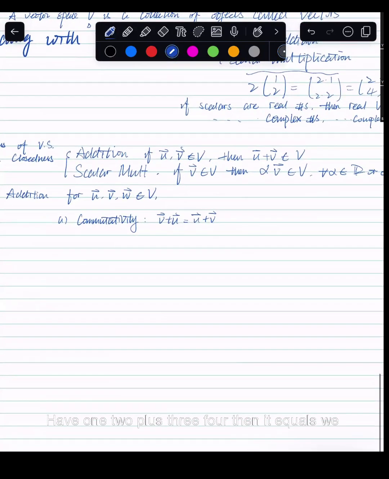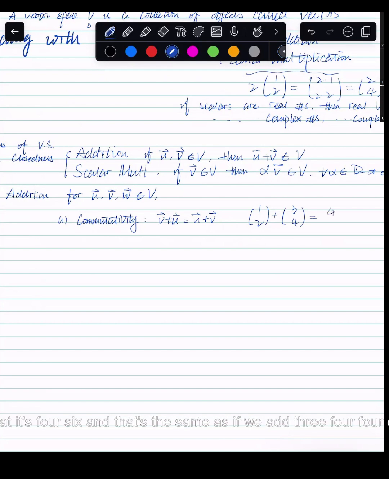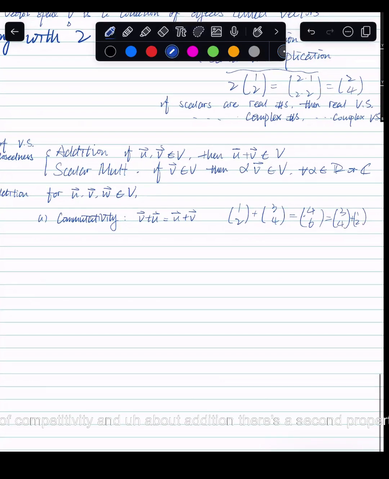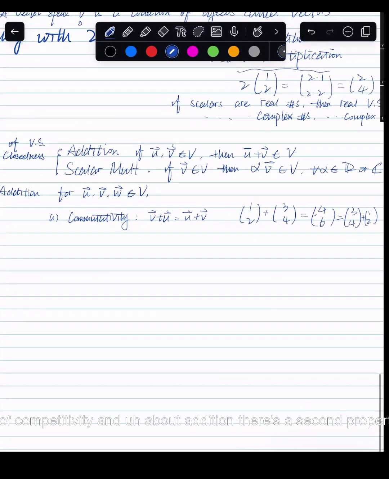So this one guarantees that, for example, if we have 1, 2 plus 3, 4, then it equals 4, 6. And that's the same as if we add 3, 4 before 1, 2. Right. So that's additive commutativity.